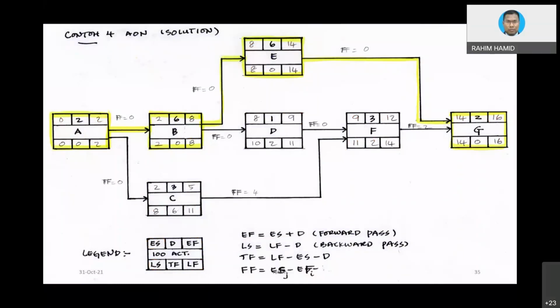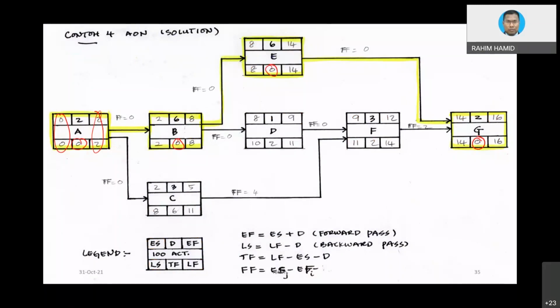Again, the differences here, you get 0, 0, 0, 0. So the one with 0 total float, when we connect together, that would be what we call the critical path.